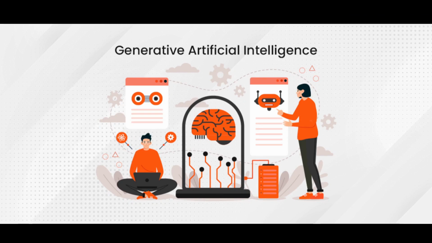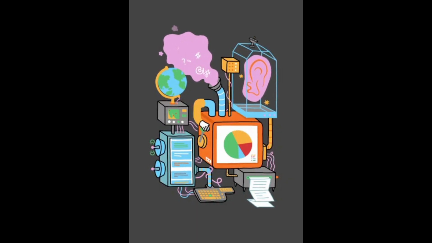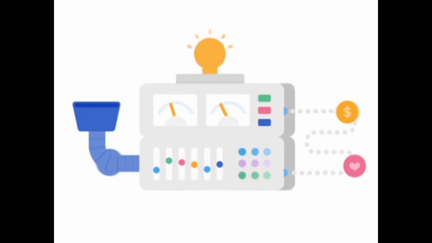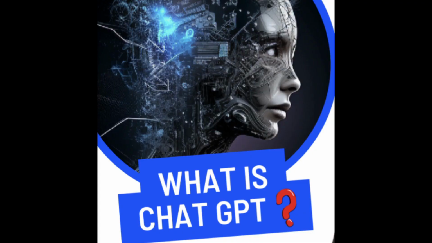Before we talk about ChatGPT, it is important to understand what is generative AI. Simply, it is generative artificial intelligence that generates new content rather than simply analyzing or acting on existing data. Perhaps in the last few weeks, you might have heard about OpenAI's new product, ChatGPT. What is ChatGPT?